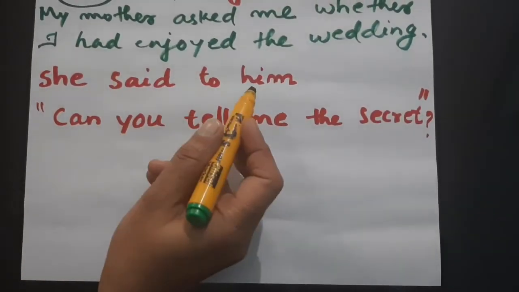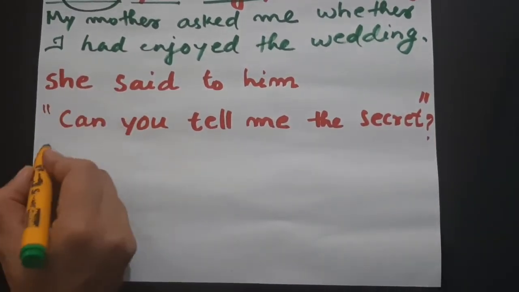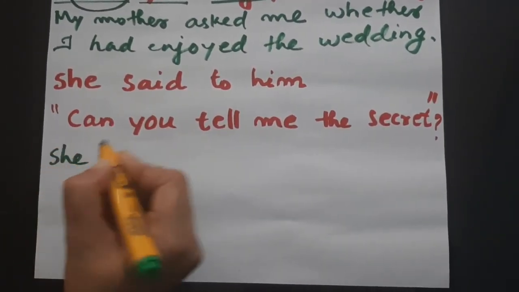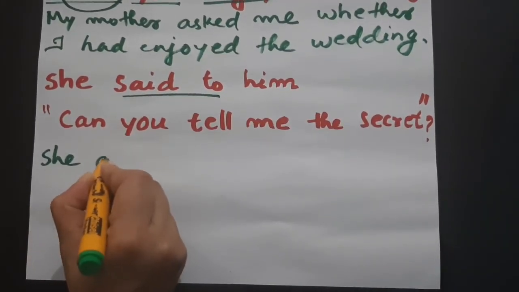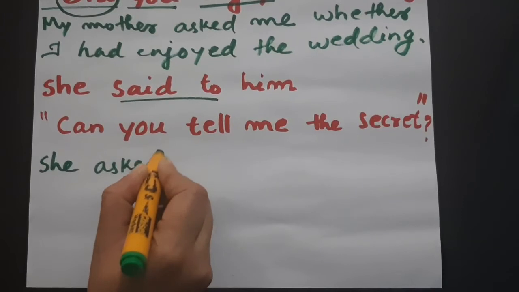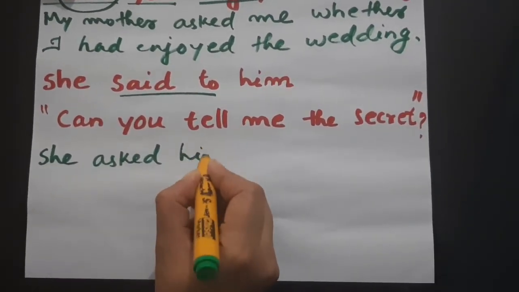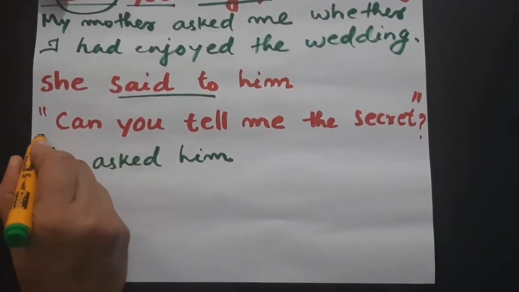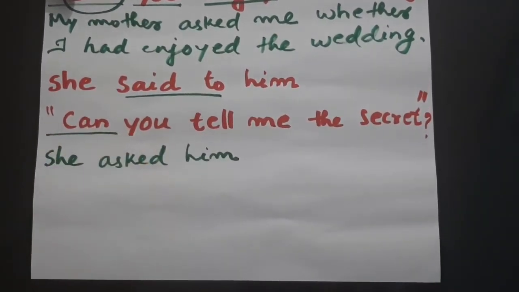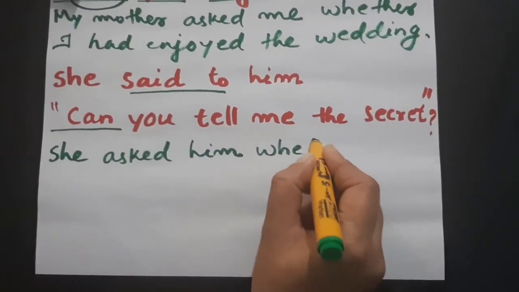Next one. She said to him, can you tell me the secret? Okay, she said to, asked. The reporting verb is asked, you know that. She asked him. Okay, here again the question starts with an auxiliary verb, so you need to substitute whether again.